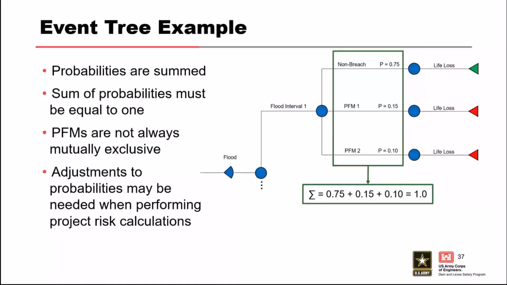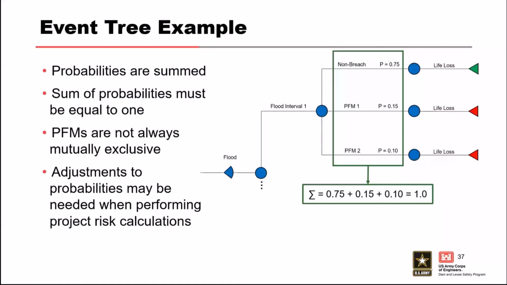For flood interval 1, there are 3 branches that originate from the chance node: non-breach, PFM1, and PFM2. Probabilities for each of these events have been assigned for this example. Using the assumption that the events are mutually exclusive or independent, their probabilities are summed together directly. And as shown on the slide, the sum of those probabilities is equal to 1.0, which makes these events collectively exhaustive.